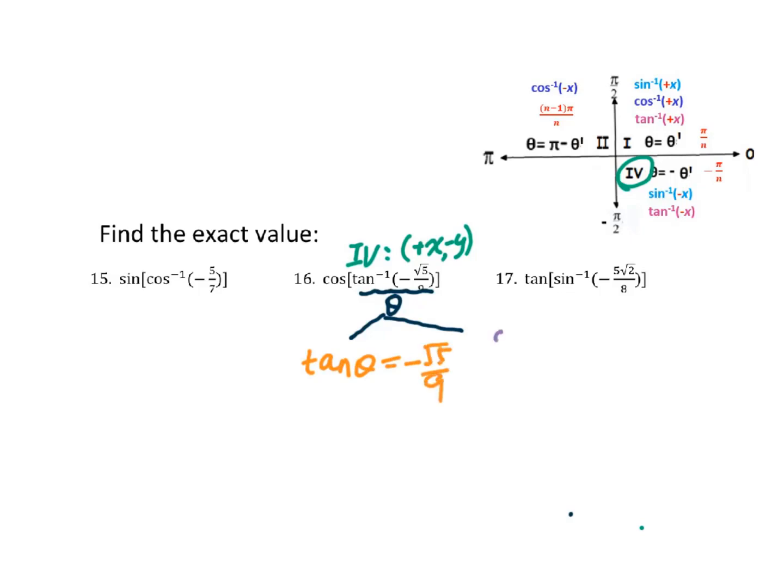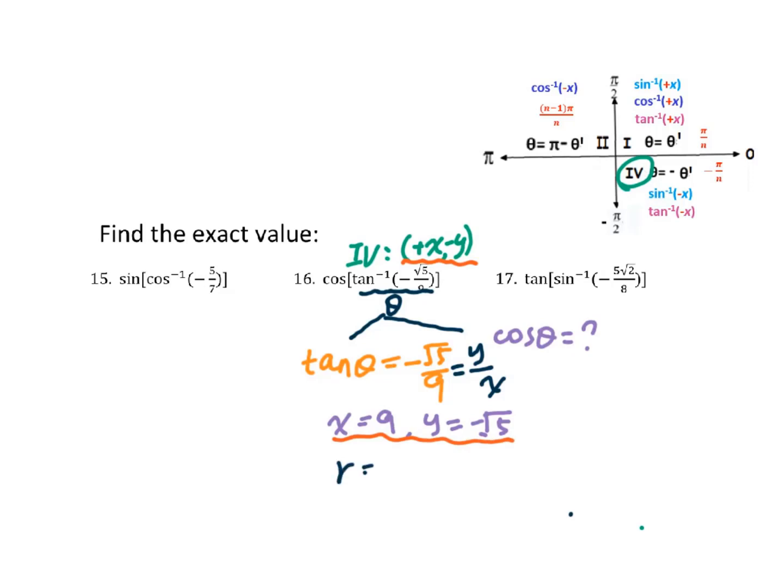Then we're looking for cosine theta equals what? We can label for tangent theta, that's y over x. We got x equals 9 and y equals negative square root of 5. Check this one. Yeah, that's correct.